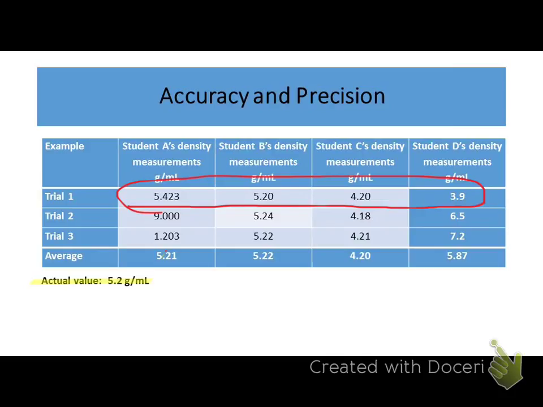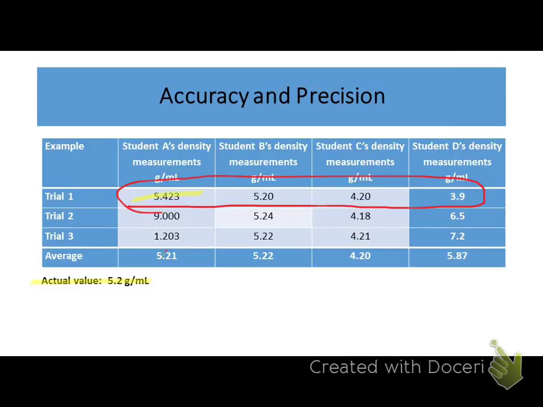So student A has how many significant figures? If you said 4, you would be correct. Student B only has 3 significant figures, and student C also has 3 significant figures. And student D has 2 significant figures. So the winner is student A with 4 significant figures.